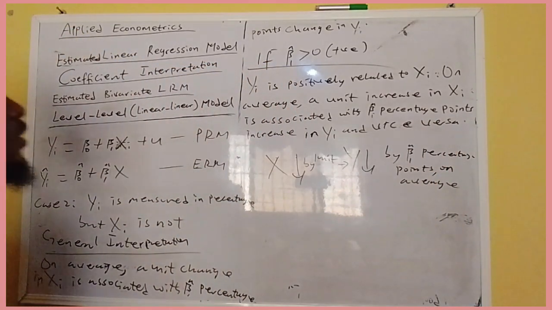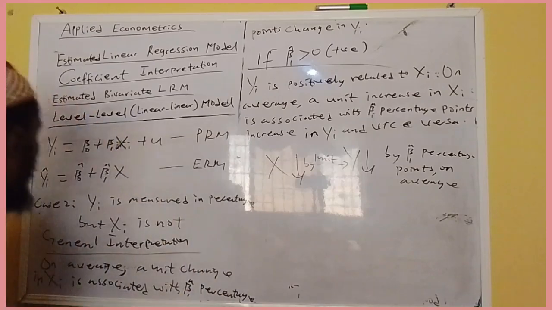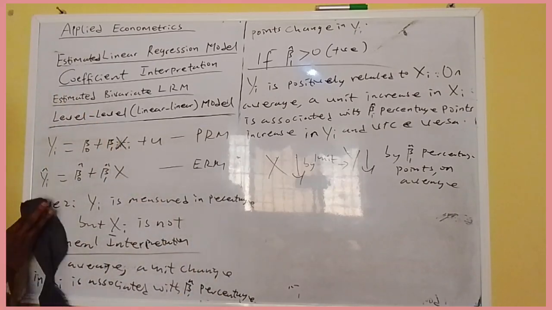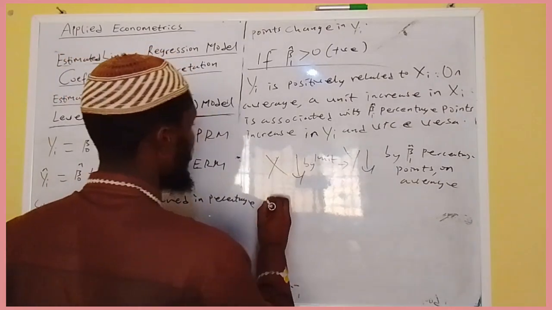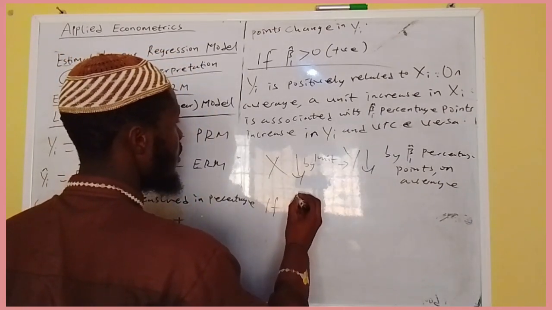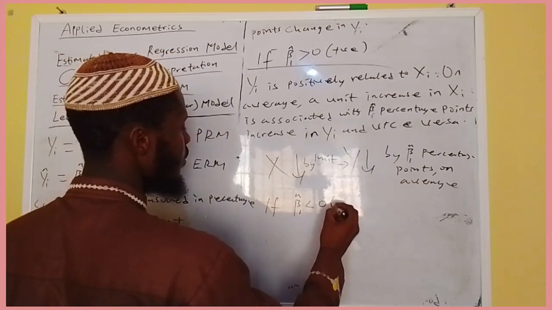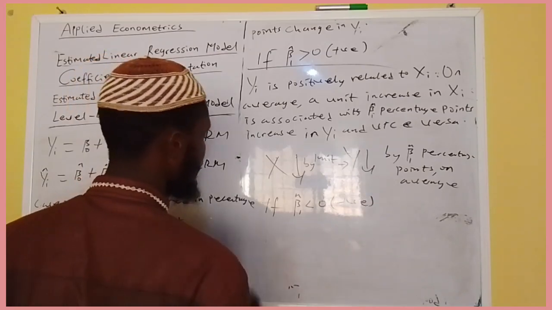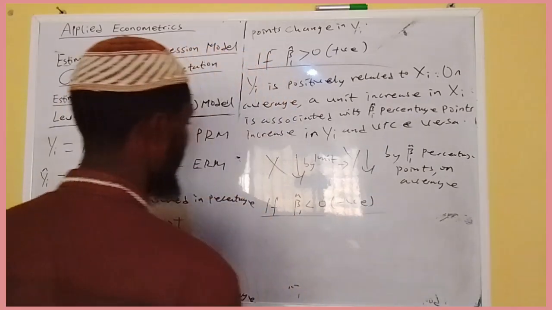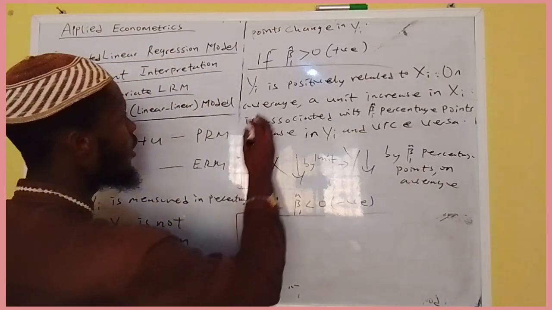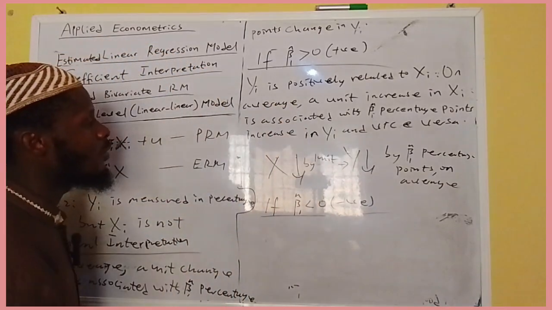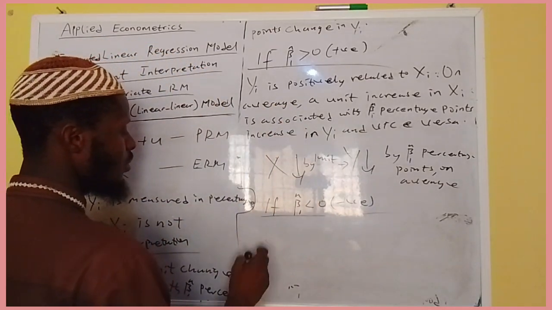Okay, so let's consider a case where beta 1 hat is negative, that is less than 0. Let's consider that case. So how do you interpret? It's very straightforward. We are just going to change the direction of our initial interpretation.